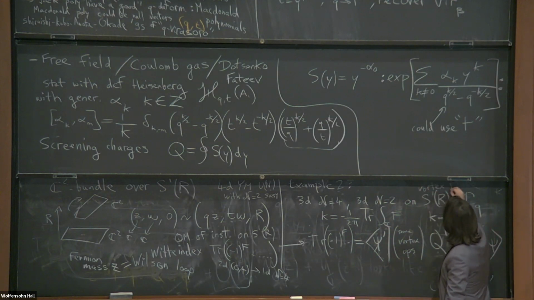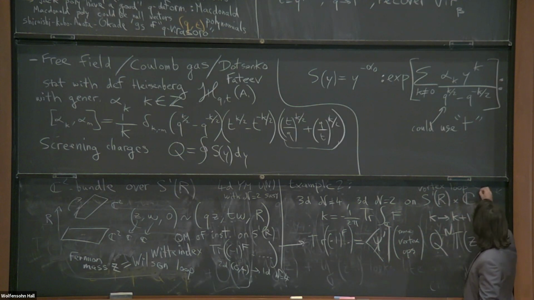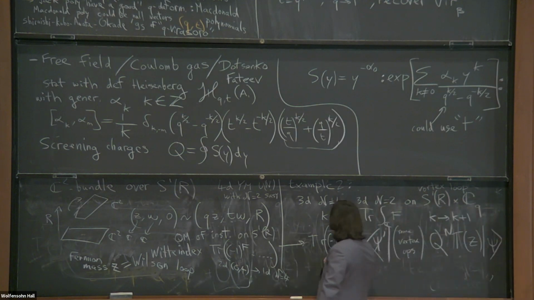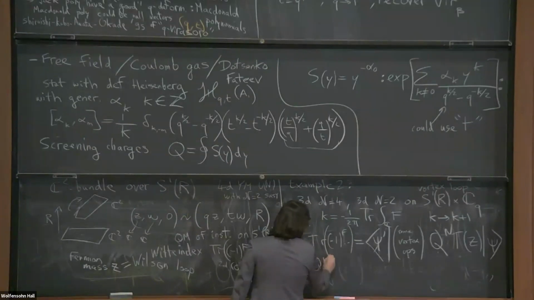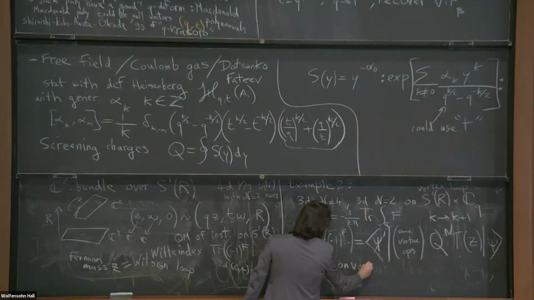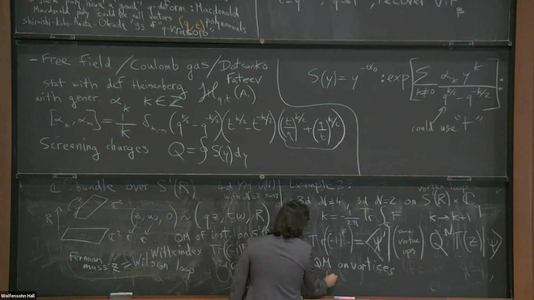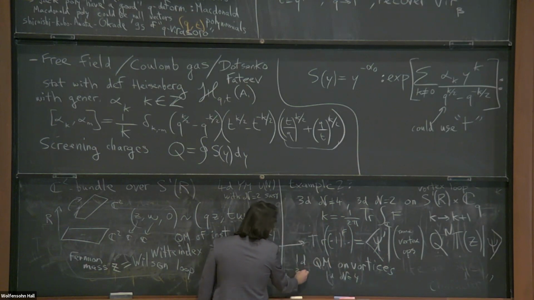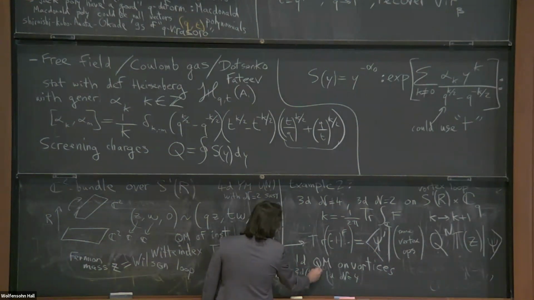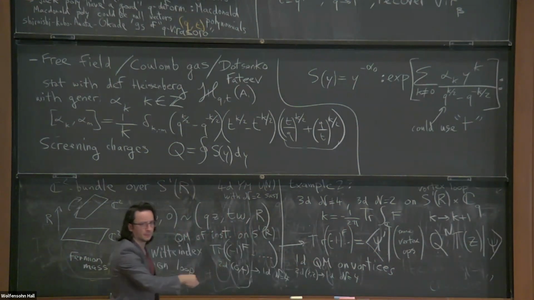So the vortex loop in this case preserves, well, I still get a quantum mechanics on vortices, so 1D. So it's 1D N=4, but this time it comes from reduction of 2D (2,2) and not (0,4).